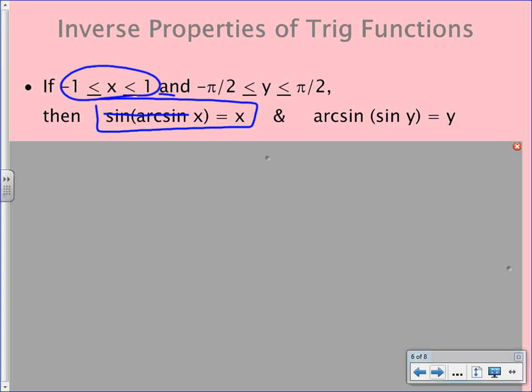We can only cancel those out if x is between -1 and 1. If it's not, then we have to evaluate the arc sine of x and then plug that into the sine.